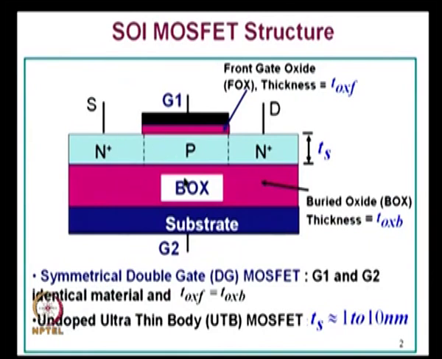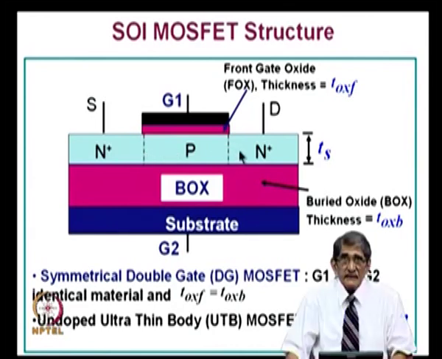So, this is the cross section of the SOI MOSFET. The top portion is actually the conventional structure, except that you have the gate only in this portion, channel and junction only here. So, source, channel, drain, and the gate oxide, then the gate metal or doped silicon.